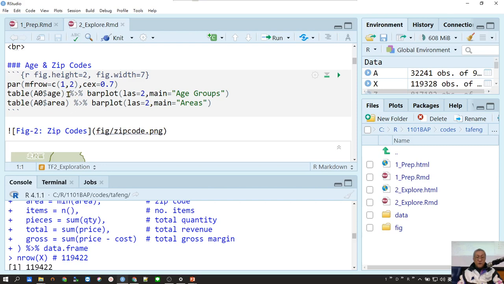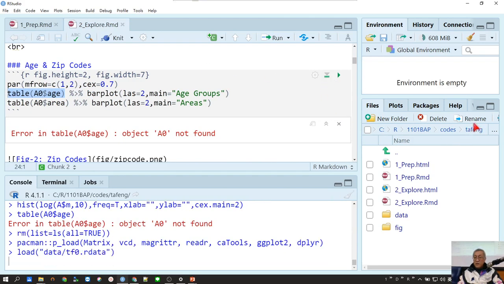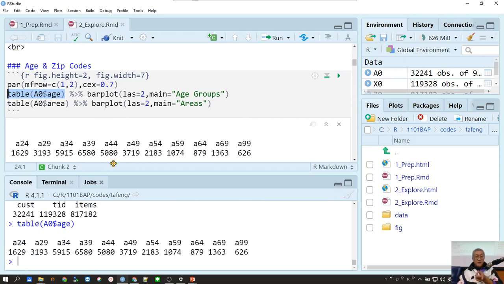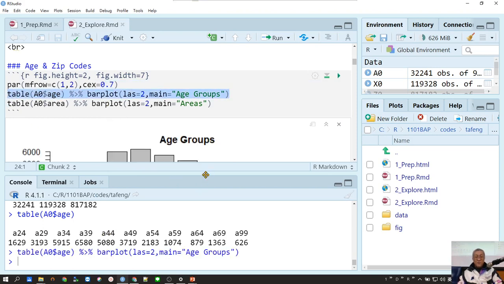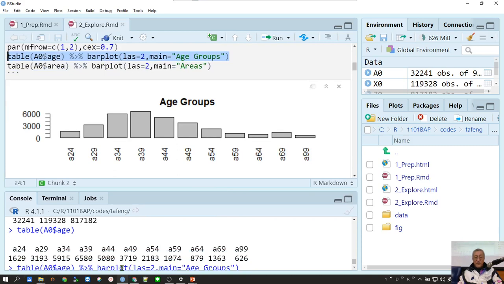So the two histograms are actually... sorry, I have not loaded the data yet. Okay. So this bar plot is actually to visualize this table, right?